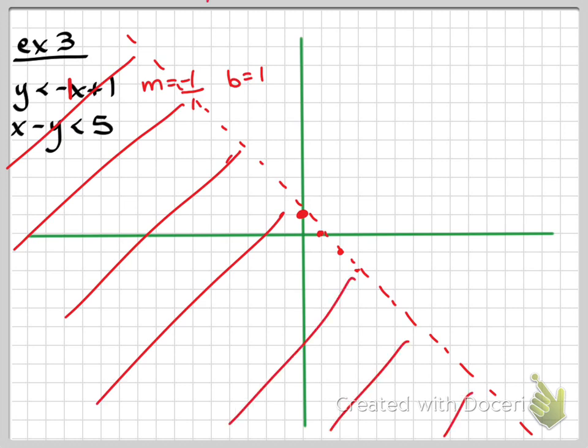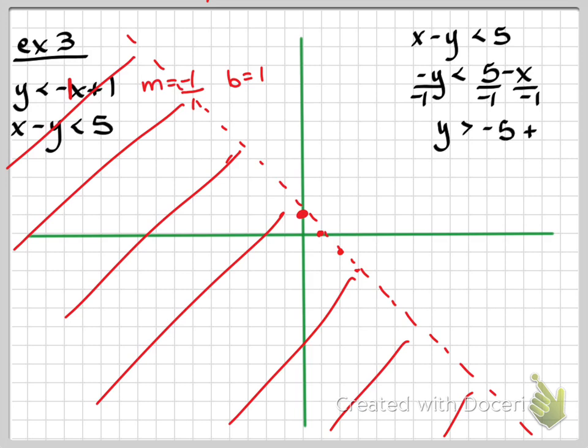And then I will rewrite the second equation over here. We need to solve it for y. So let's rearrange it. Let's move the x to the other side. And let's divide everything by a negative 1. When you divide by a negative, it flips your inequality. And you would get negative 5 plus x. So m is 1. Make it a fraction. And b is negative 5. I'm going to switch colors. Let's go to purple or something.